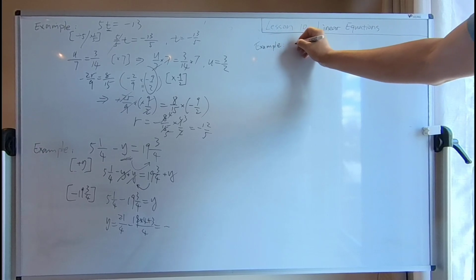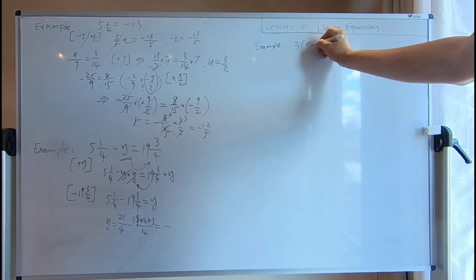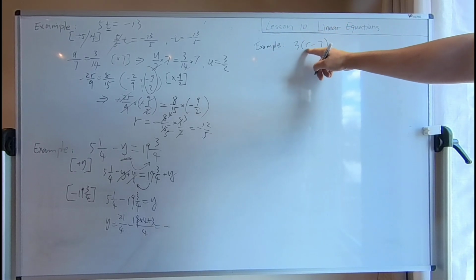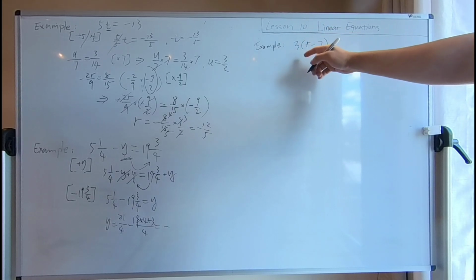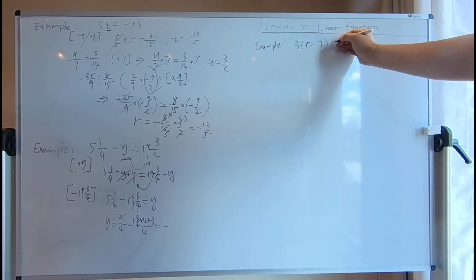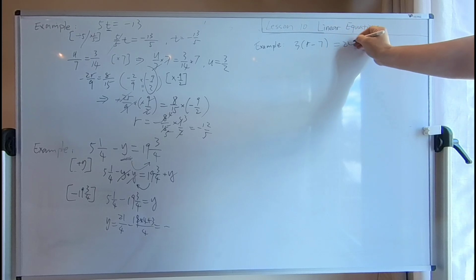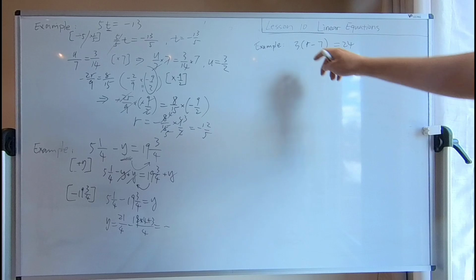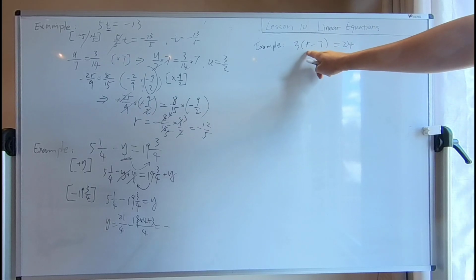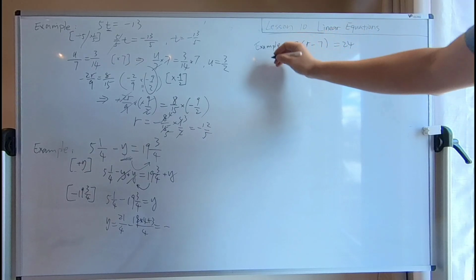Next one, if I have 3(r minus 7), this time the unknown variable is in brackets, and there are additional numbers outside the brackets, which means I need to open the brackets first. If you're observing this question, you have two options. Let's do the straightforward way.